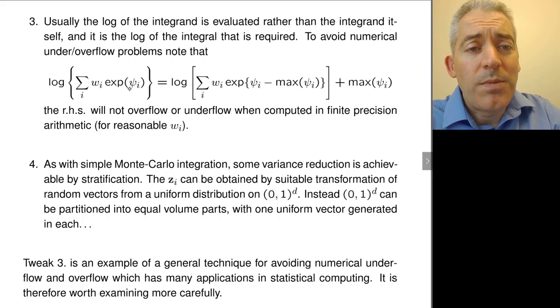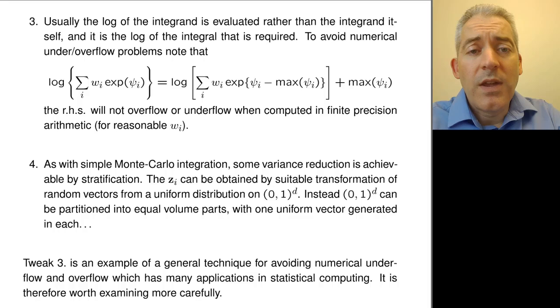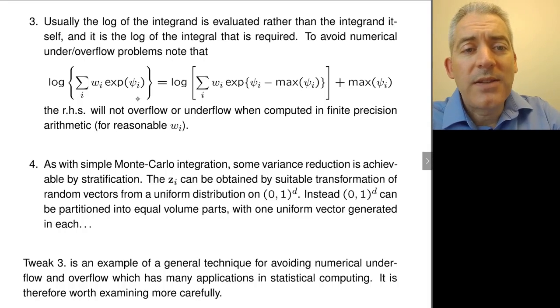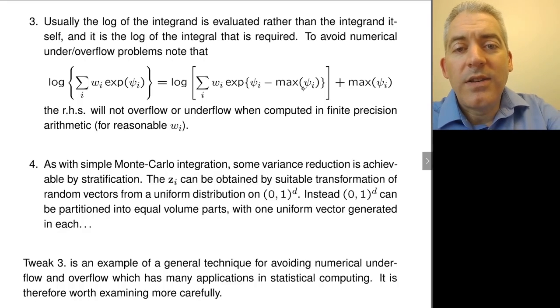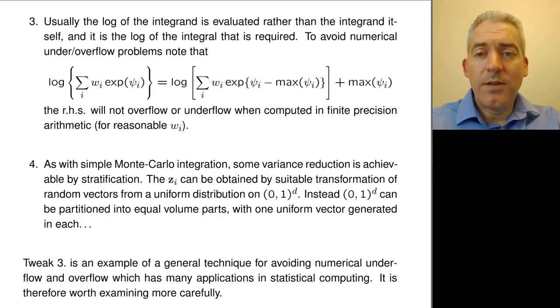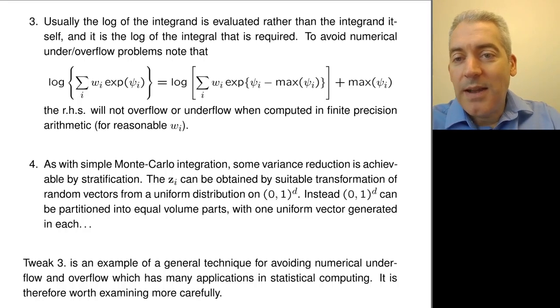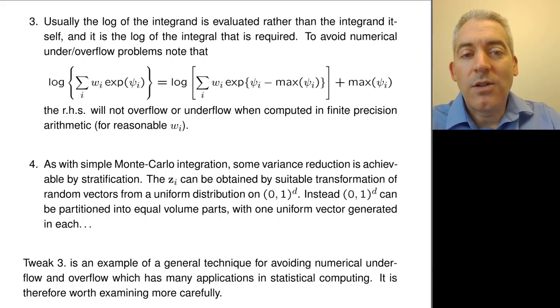But there's a problem there: this exponentiating and summing could possibly lead to overflow or underflow with floating point. And so there is a trick, which is to identify your maximum log weight and subtract that out and add it back in at the end. If you're not familiar with this trick, don't worry, I'll unpack it shortly. This is the so-called log-sum-exp trick, and although it has applications here, it has applications all over the place in statistical computing, so we'll look at this trick in detail later, so don't worry if it's not completely clear just yet.